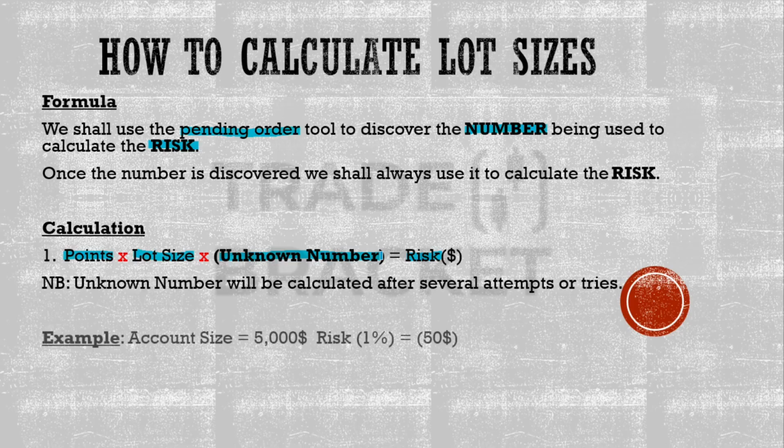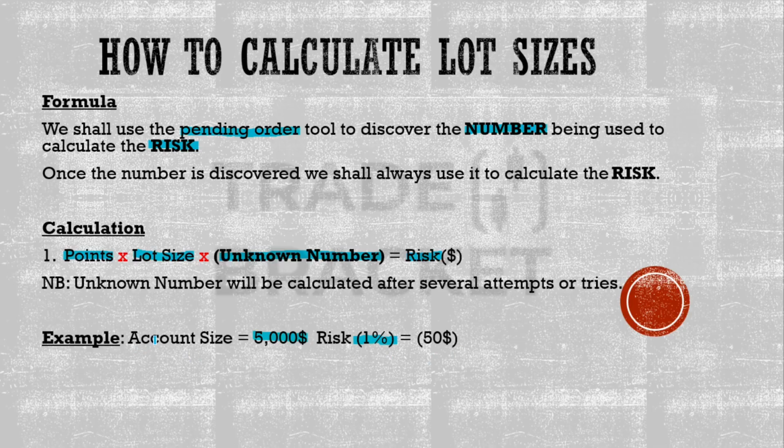For the example that I'm going to show you on the chart, we shall pretend that we're using an account size of $5,000, and we shall only be risking 1%, which is $50.